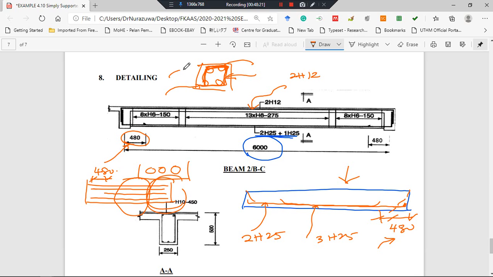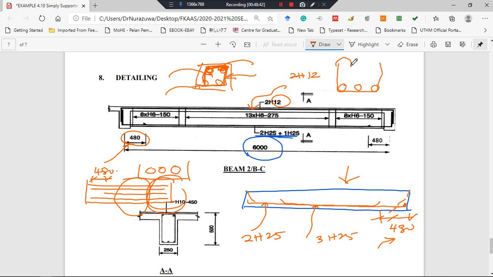So we provide the minimum compression reinforcement here. Earlier we proposed diameter 12, then just provide 2 because we need 2 at the top area. So our idea is 1, 2, 3.